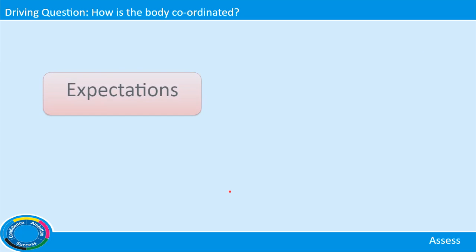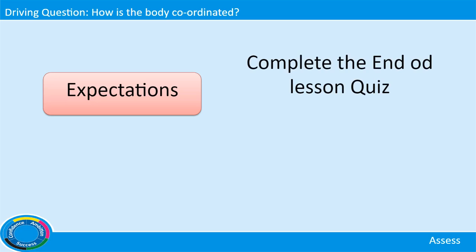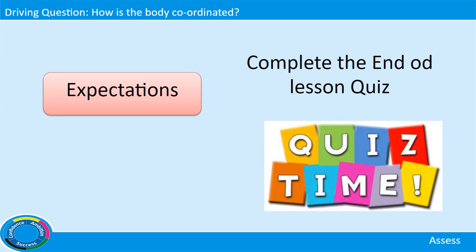Brilliant. In this case, I'm going to remind you about the expectations before you complete your end of lesson quiz. It is important that you complete this quiz as it assesses your knowledge on the nervous system. I'm going to ask you to try to complete the quiz in the form of a retrieval practice from memory.